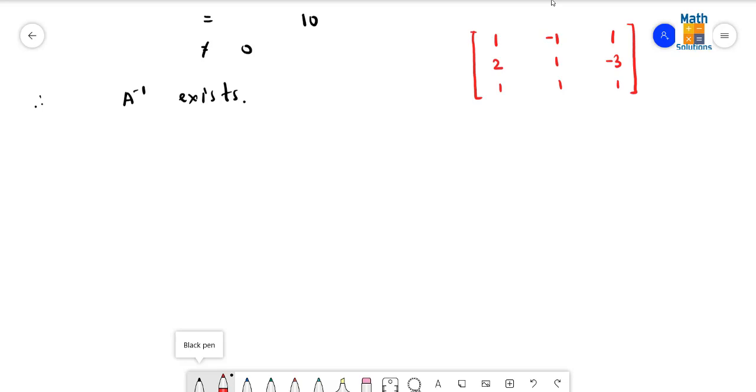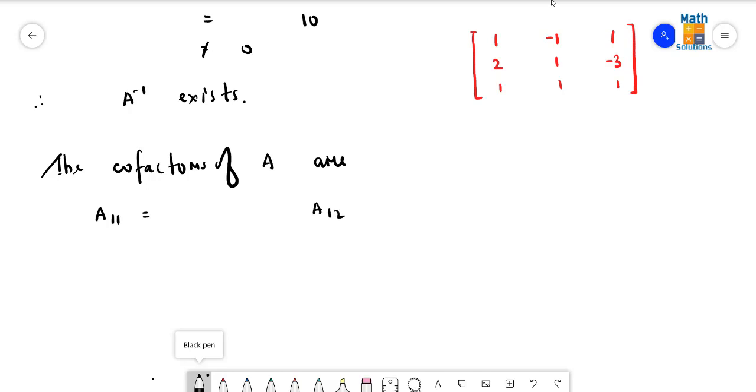So I shall be writing here the cofactors of capital A. Now I shall be listing this in this way, like the previous sum: A11, A12, A13, then A21, A22, A23, then A31, A32, A33.